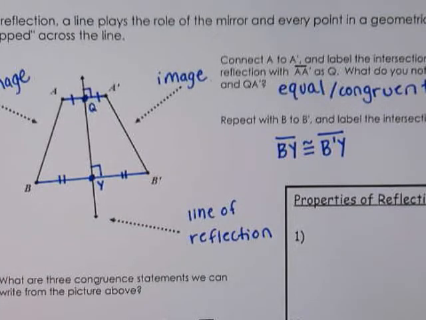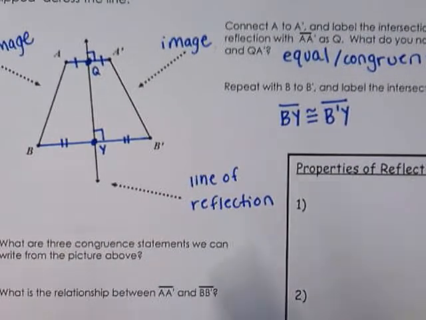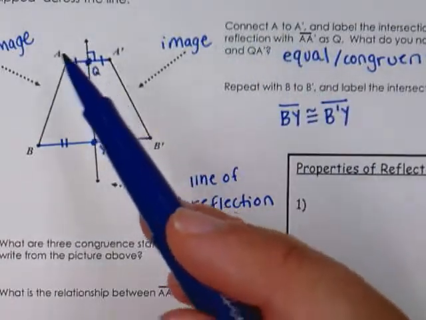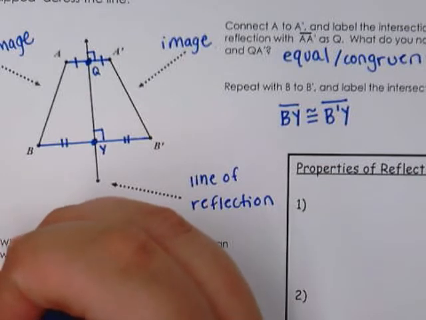All right, what are three congruent statements that we can write from the picture above? So what are three things that are congruent? Well, we just said A to Q and A prime to Q are congruent, so I'll list that one.